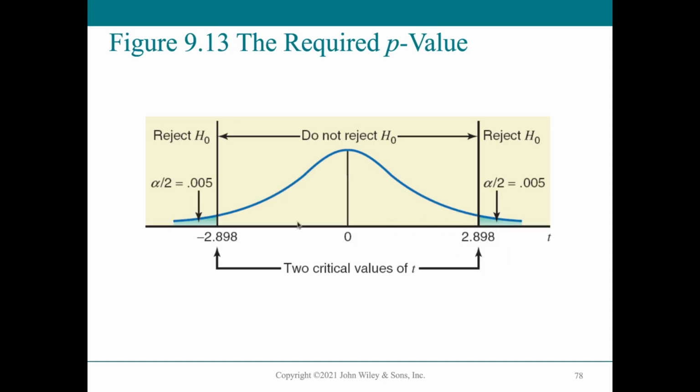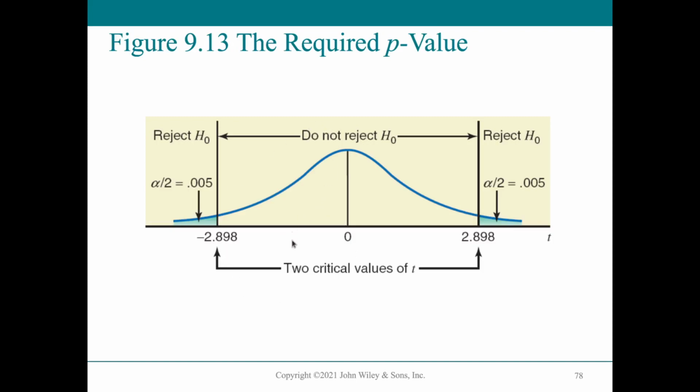Since it's two-tailed, we have two points here, negative 2.898 and positive 2.898, and this is our alpha. If the sample mean's t value falls in the rejection region, we are going to reject the null hypothesis. But if it falls here, we are not going to reject the null hypothesis.